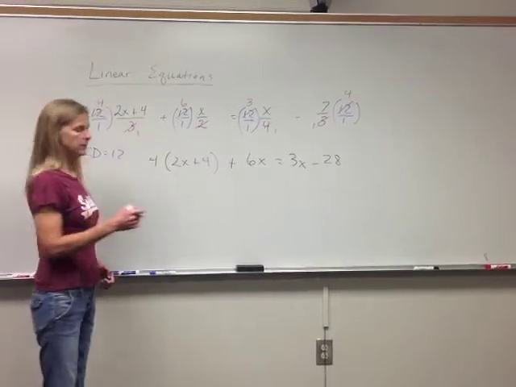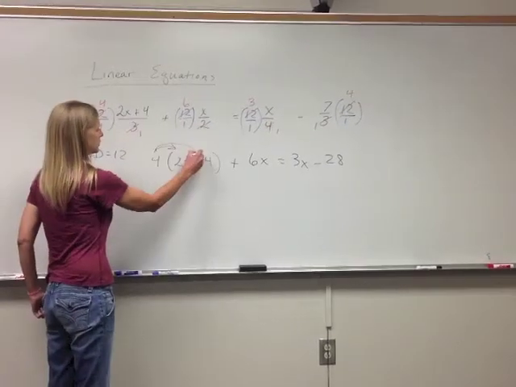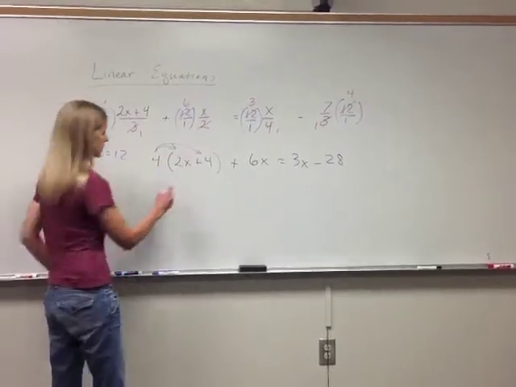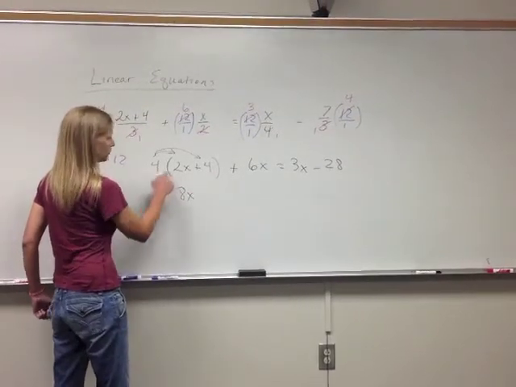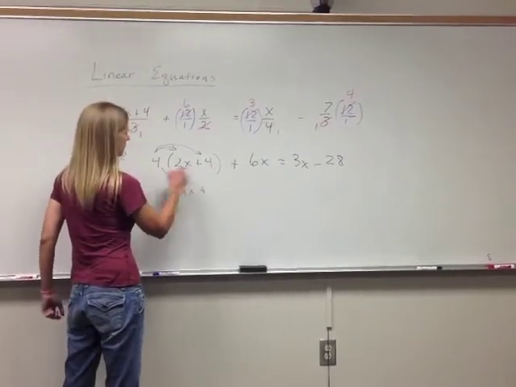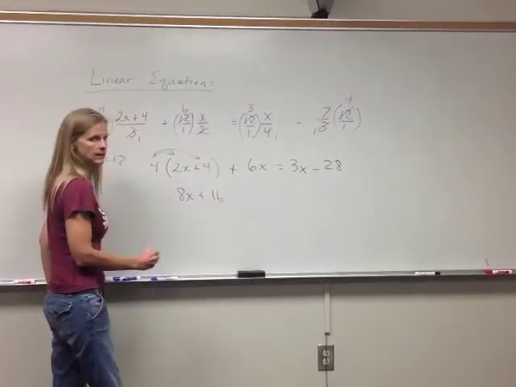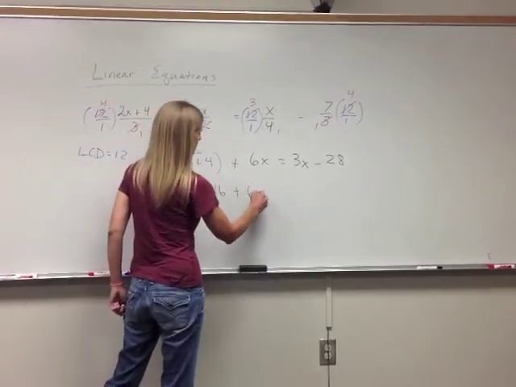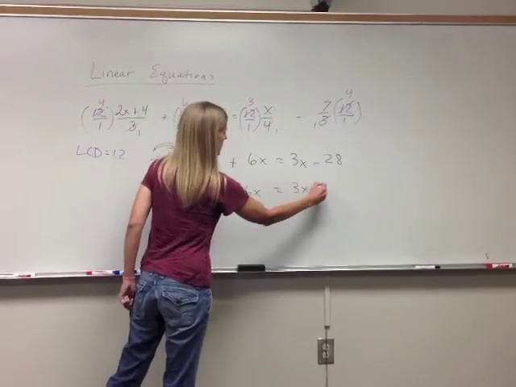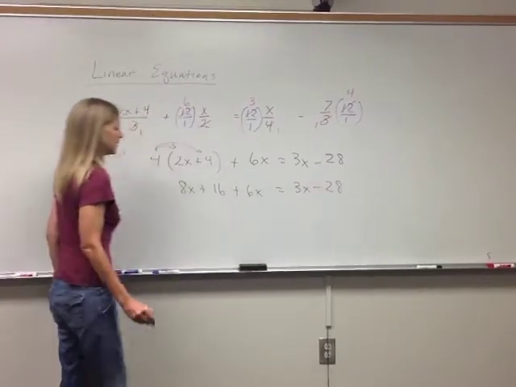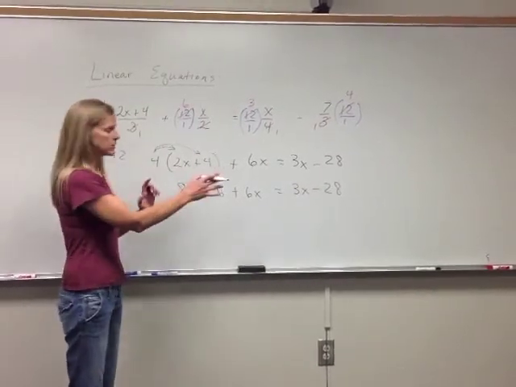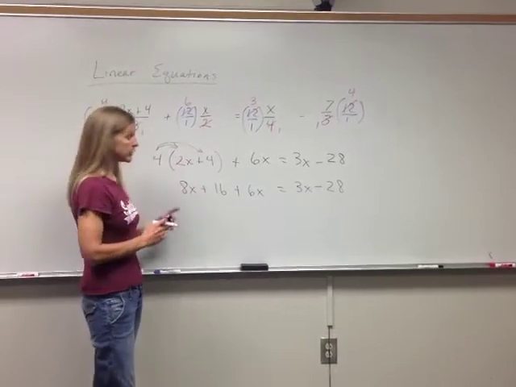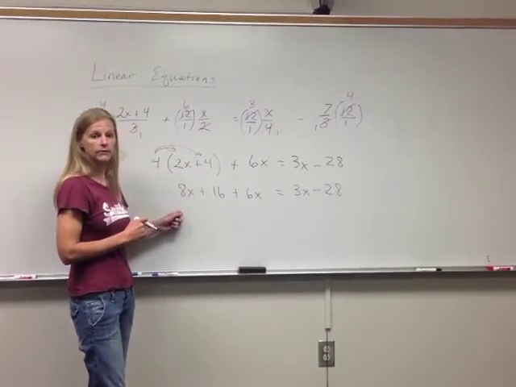All right, so how am I going to solve this? I am going to distribute the 4 to both of these terms. So I get 8x, or 4 times 2, plus 4 times 4, which is 16, plus 6x equals 3x minus 28. Before I start moving stuff back and forth across the equal sign, I want to simplify this side if I can.